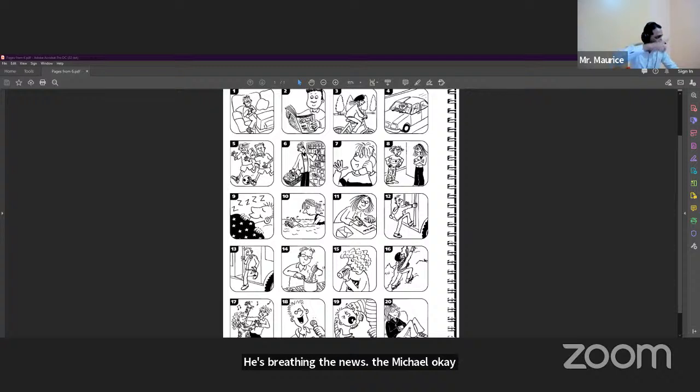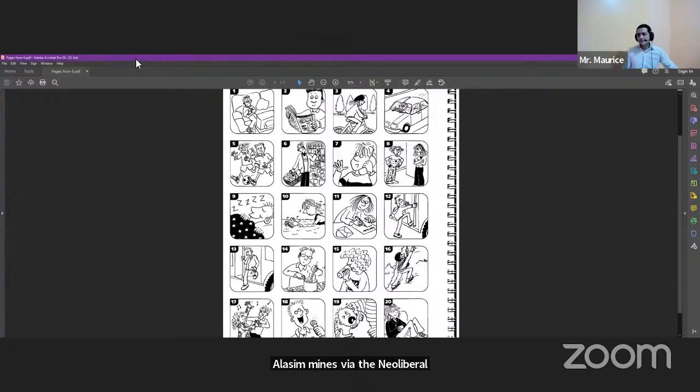Observe por favor todas las imágenes y vaya teniendo la idea. ¿Qué verbo va a utilizar con qué sujeto? Reading a book.